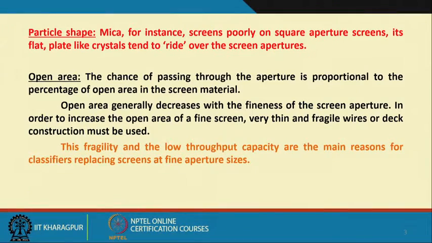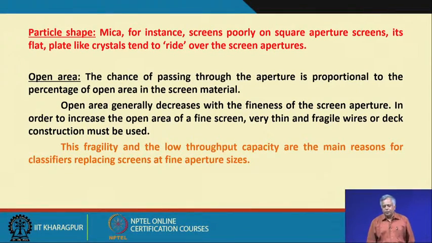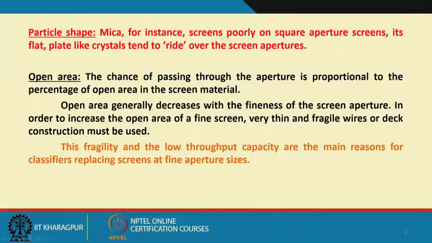The next is the particle shape. I had shown you that if I have an elongated particle, its orientation will finally decide whether it is finer or coarser than the aperture.